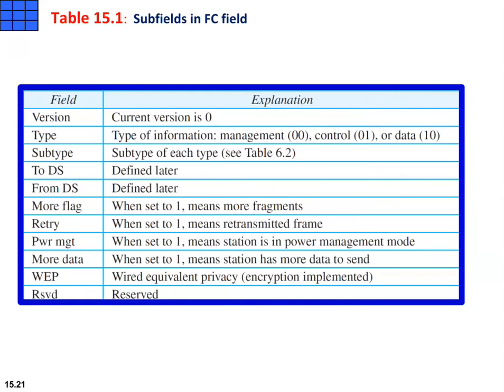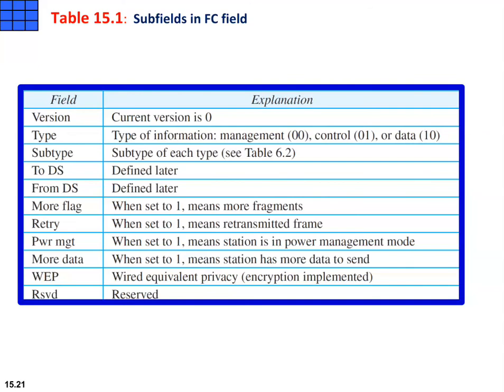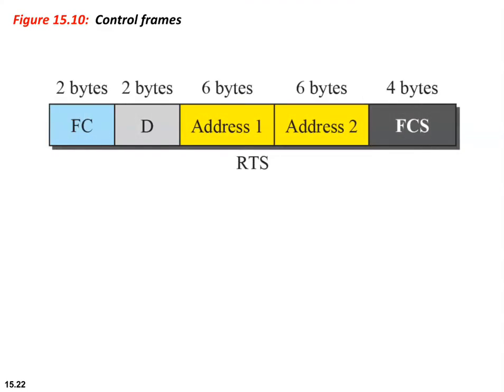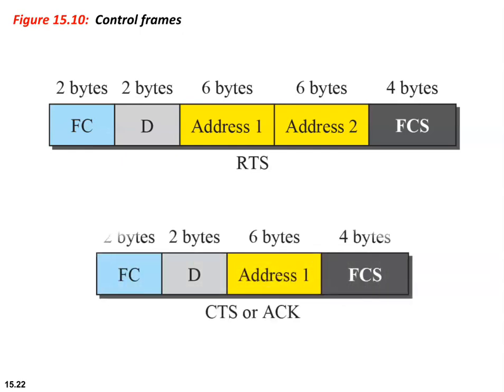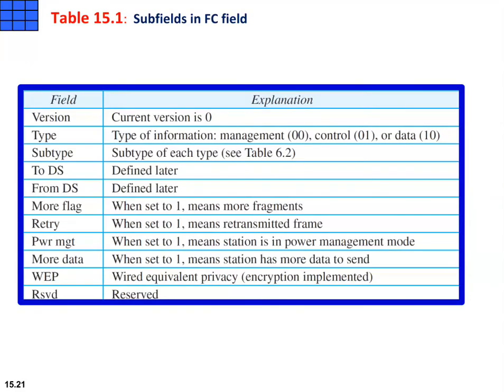And with respect to the control frames, the format will be FC, D, address 1, address 2, FCS if the frame sent is an RTS. If the frame sent is CTS or acknowledgement, it will have only FC, D, address 1 and FCS. All this has to be remembered.